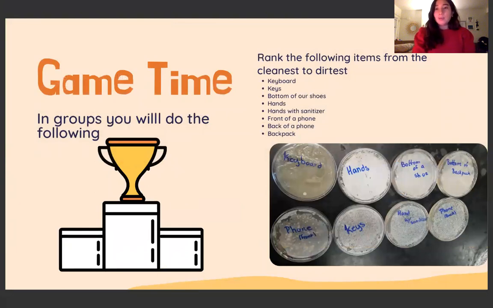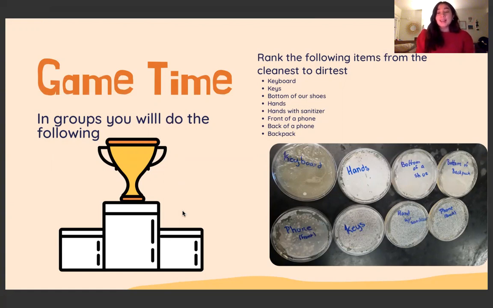And so now we're going to play a little game. In this part of the game, you're going to rank the following items. So you have a keyboard, your hands, the bottom of your shoe, the bottom of your backpack, the back of a phone, your hands with sanitizer, your keys, and then the front of your phone. And then you're going to pause it here, and either in groups or by yourself, however it works best, you're going to list these items from what you feel would be the cleanest to the dirtiest.